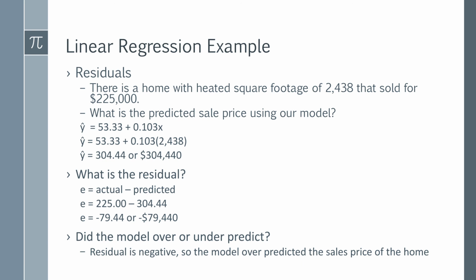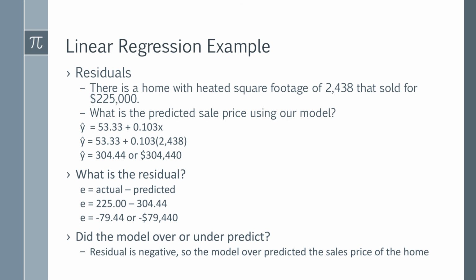Well, if we take the 225 minus the 304.44, that gives us a negative 79.44, or a negative $79,440. Now the question, did the model over or under predict? Well, in this case, our residual is negative, so the model over predicted the sales price of the home.